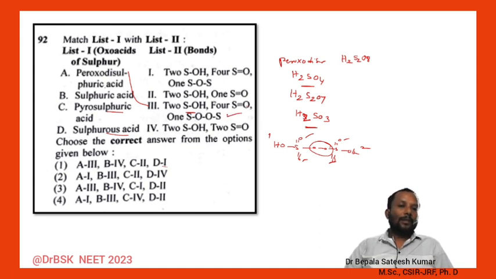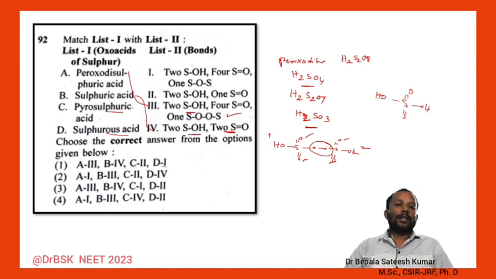So option 3. Sulfuric acid. The structure of sulfuric acid is H2SO4, with 2 S-OH bonds and 2 S=O bonds. That is the fourth option.